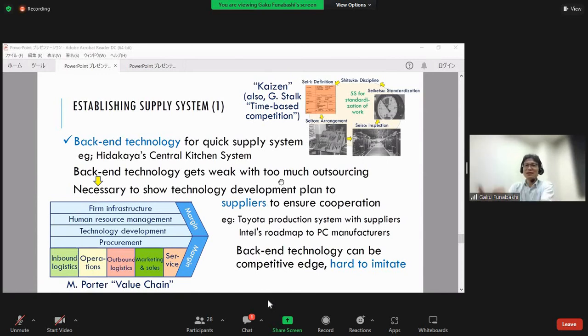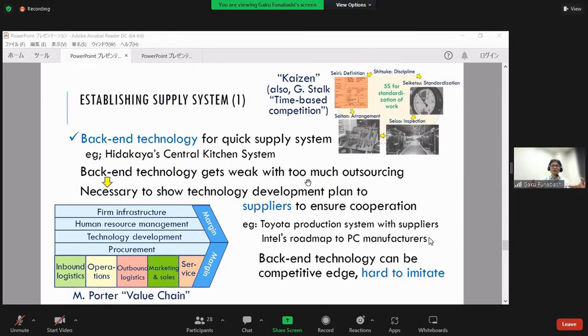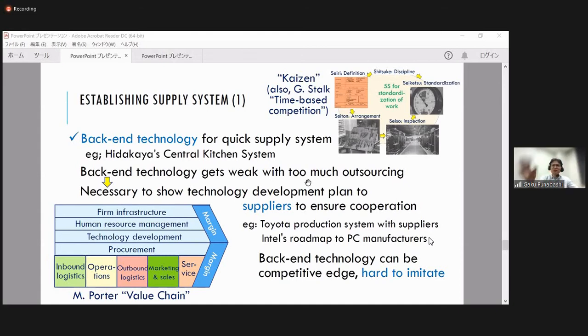Maybe sometimes some intermediaries, buyers who can sell to the customers, or if you produce something and don't sell by yourself, a shop is between your company and customers. In that case, the organization or company between your company and customers is a kind of front end, not back end.